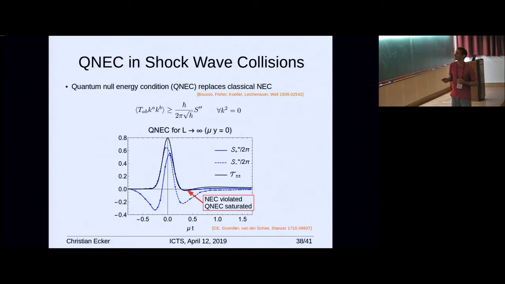Here, on the other hand, you have violation of the null energy condition, which means that the black line is smaller than zero, but saturation of the quantum null energy condition because this solid blue line is on top of the black line. This is in the forward light cone.